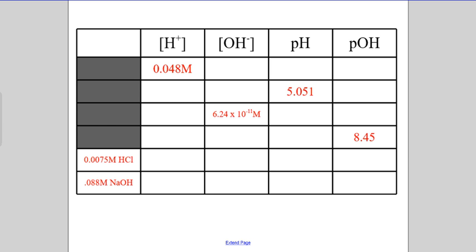At this point, it's basically just practicing going around the square and getting used to it. I have this grid set up for you where I give you starting information of one corner. You're starting here at H plus, and then you have to figure out what OH minus, pH, and POH are. Again, you can go any direction around. You just need to solve all three of these. Then you do the same thing here, same thing here, and so on.